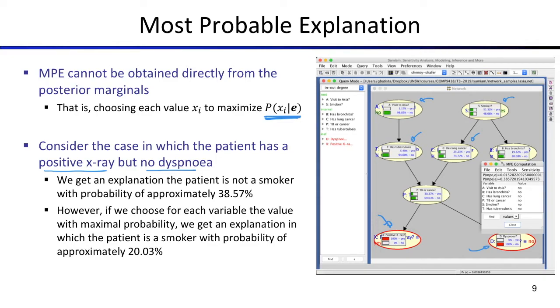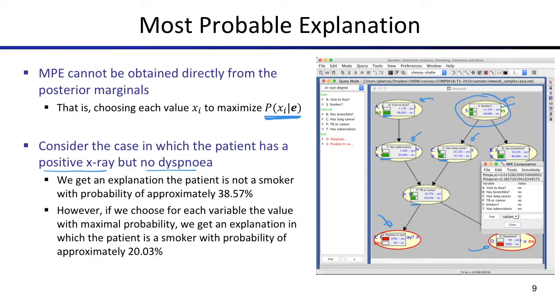So if you look here, we see that for A, the most likely explanation is no. For T it is also no. For C it is no. For B it is also no. And for P it's also no. But when you look at S, we see that yes is slightly more likely than no. So the most likely instantiation, if we take the pieces and put them together, will be no, S yes, and also no for all the remaining variables.